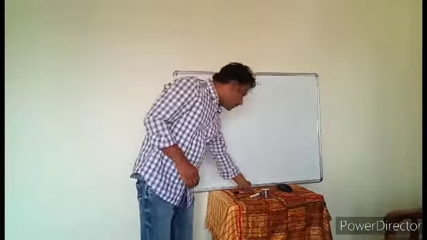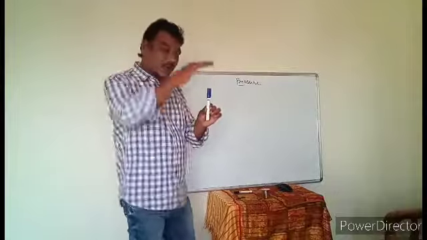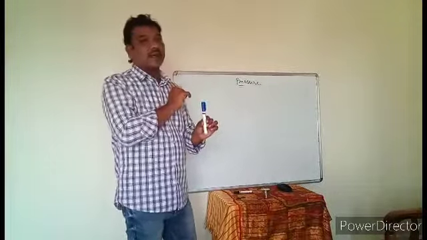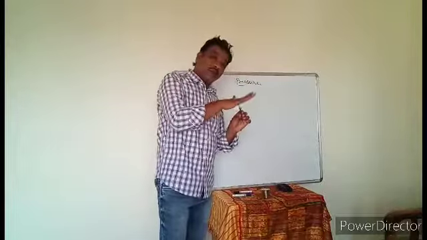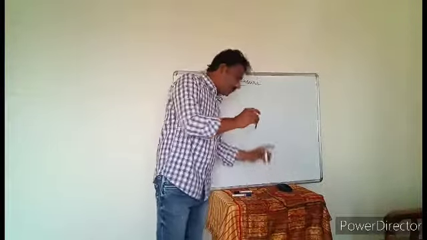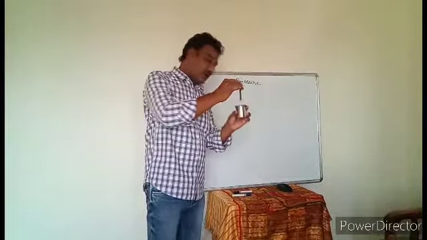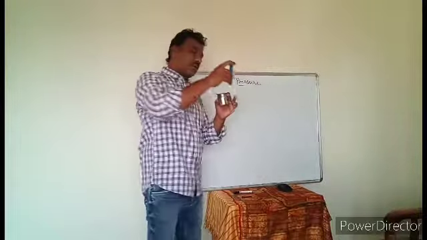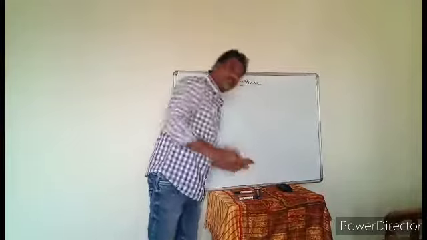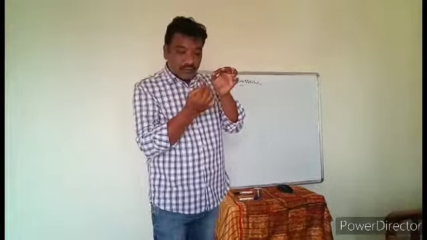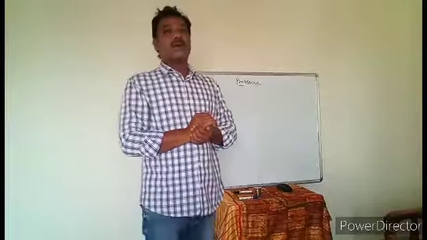When the area of contact increases, the applied force value also increases. Here the effect of the force is less, and when the area is more, the effect of the force is more. Understand? The effect of the force depends on the area of contact.